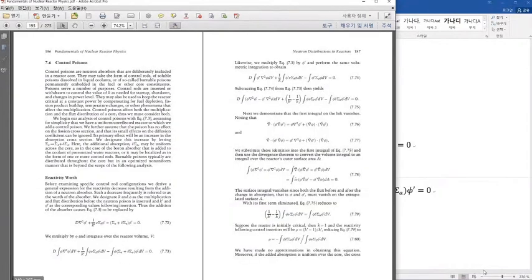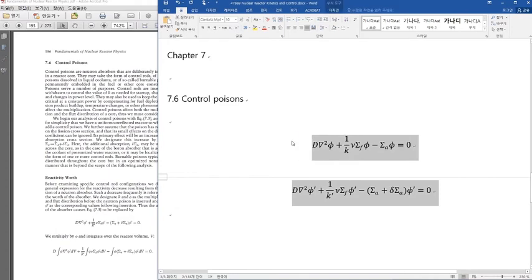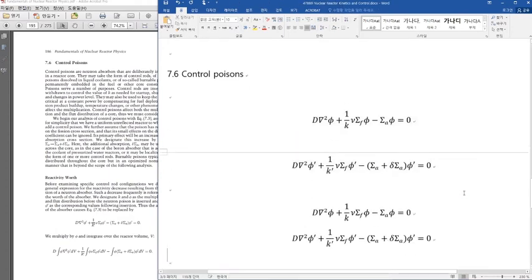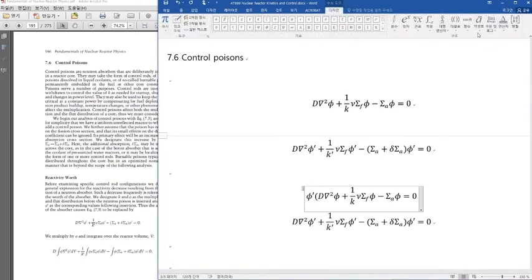What happens is that we are going to multiply phi to each term. In this case, we are going to multiply phi prime. Of course, phi prime will also be a function of location, and phi will also be a function of location.